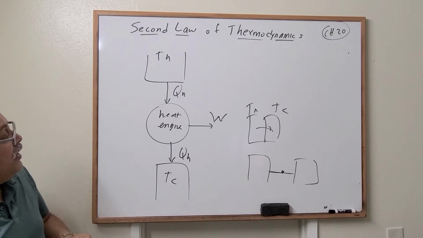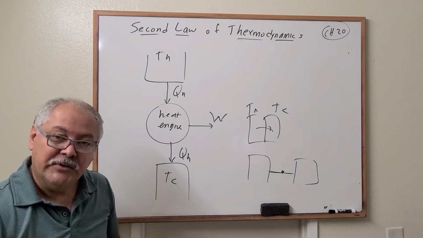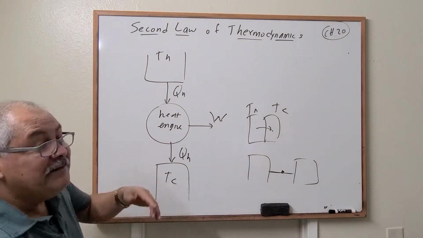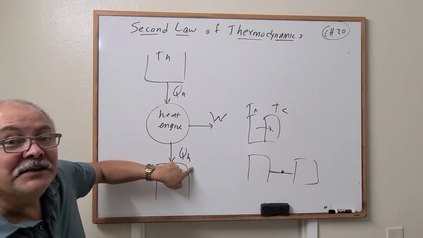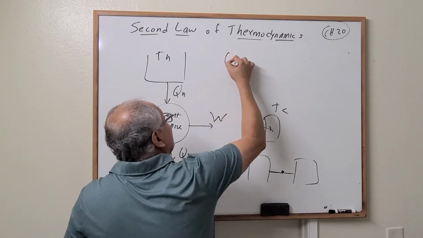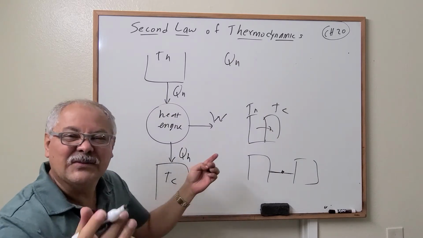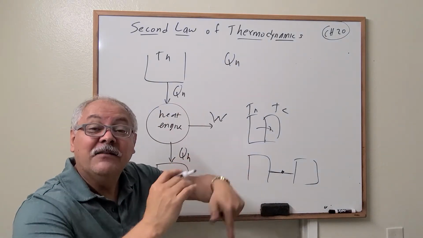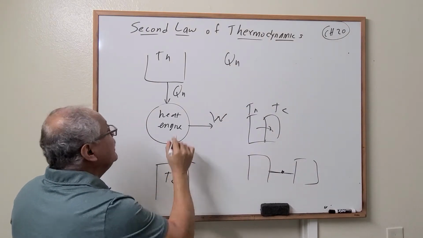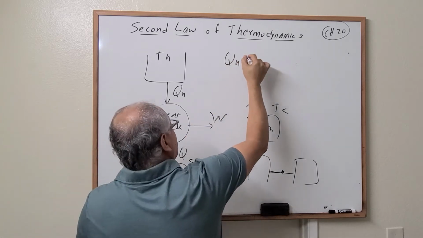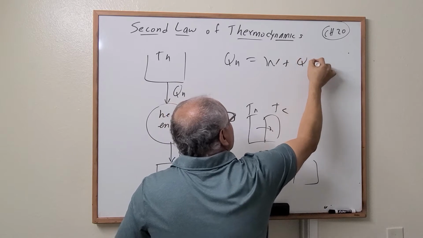Now, when we use the first law of thermodynamics, energy is conserved. So this energy is converted to work plus this energy. So QH equals the work done by the engine plus QC.